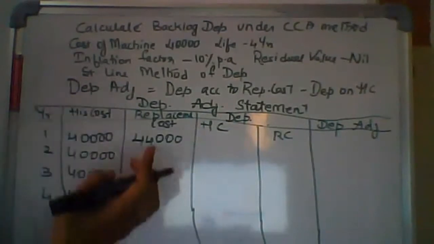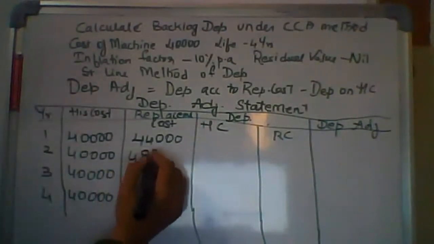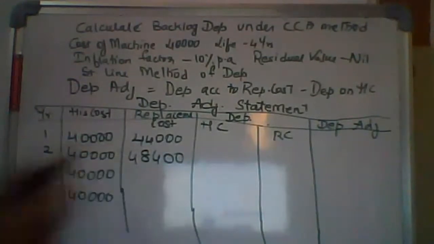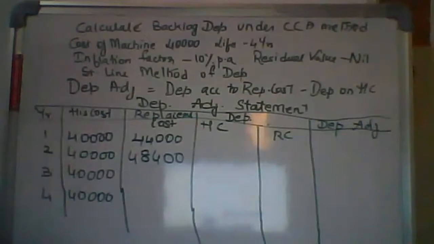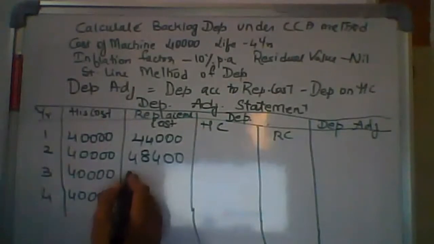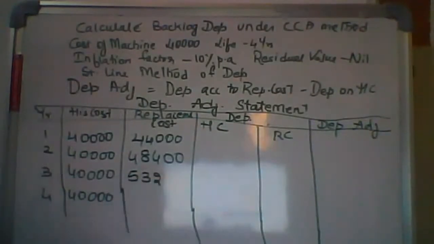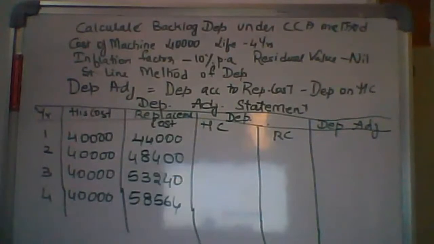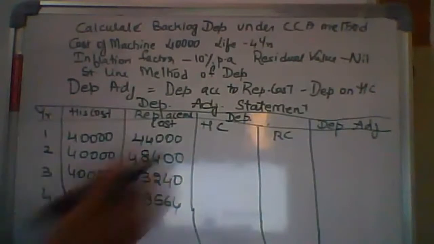Increase it by 10%: 48,400. Increase this by 10%: 53,240. Fourth year again 10% inflation on 53,240: 58,564.